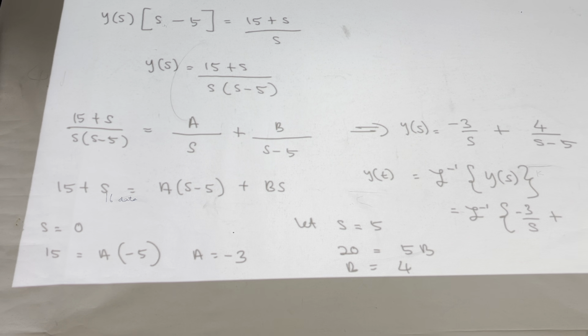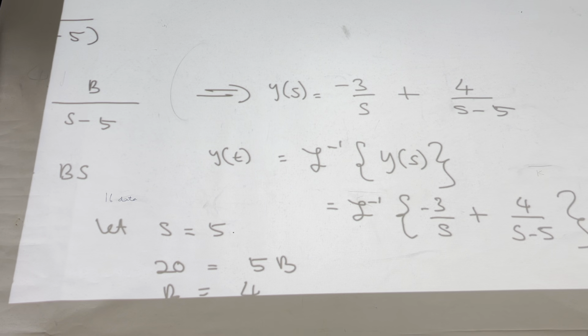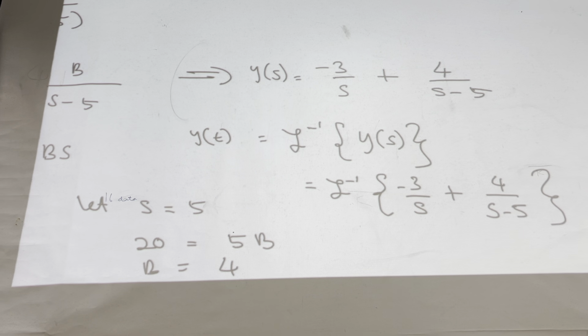Okay, so sambung lagi. Minus 3 you can put outside. So we have 1 over s. 4 also you can put outside.